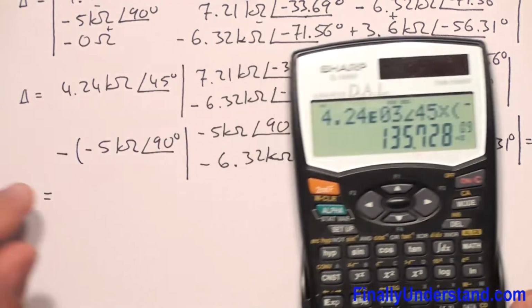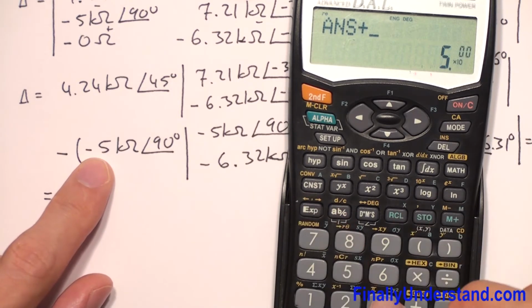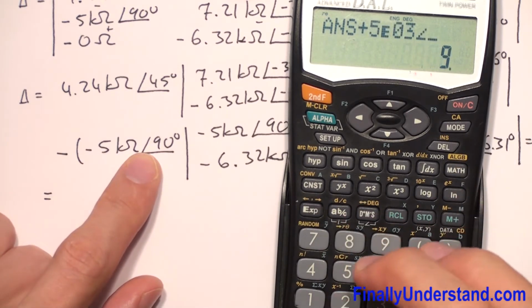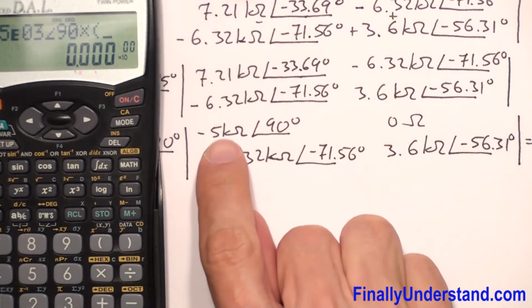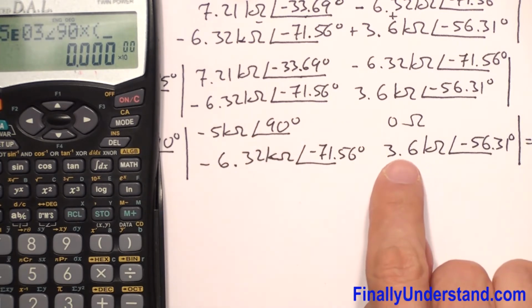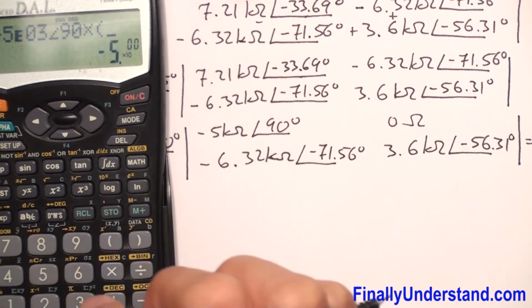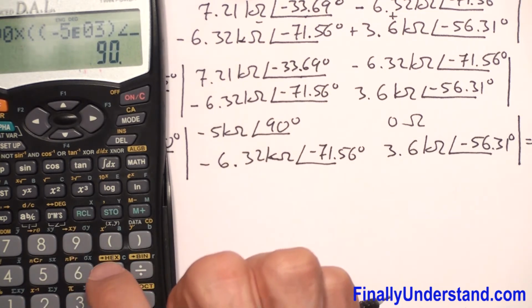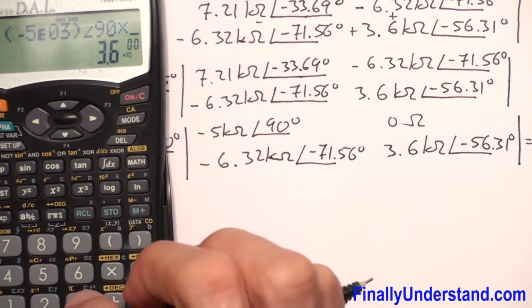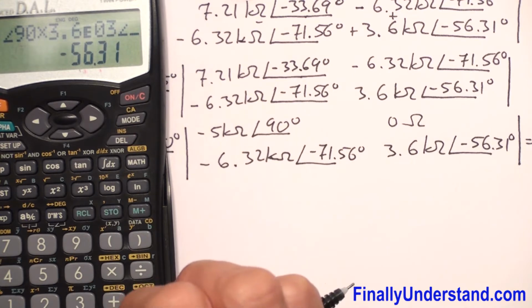Okay, and negative times negative is positive, so I'm going to type plus 5 exponent 3 and angle of 90 times open parenthesis, and I have 5k angle times 3.6 angle, so I have 5 exponent 3 and angle of 90 degrees times 3.6 exponent 3 and angle of negative 56.31.